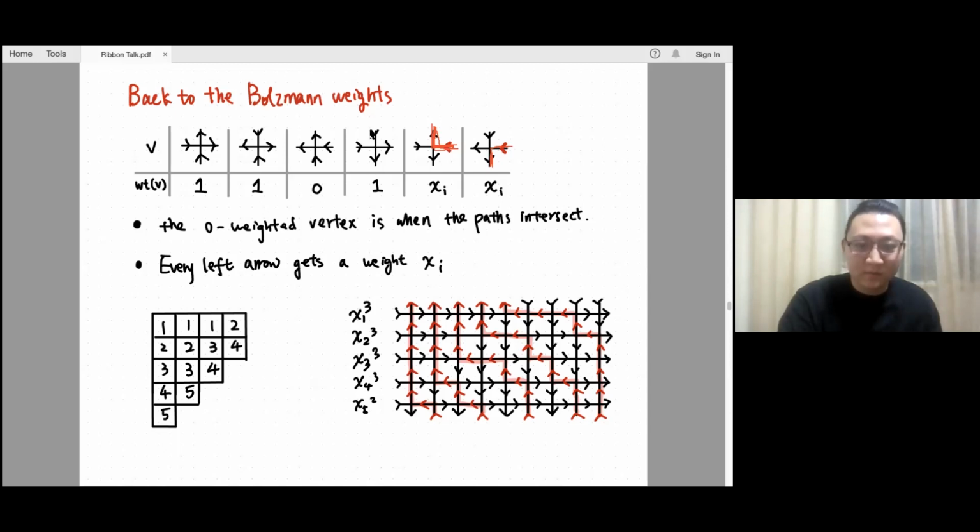For the fourth vertex, there's no path at all. And this guy you go up and left. This guy you go up. If you just play around with these 5 configurations, there is no way that you can get an intersection. The only possible place where you can intersect is when you use the third vertex, where you have a path taking over every edge, and that's exactly when the intersection happens.